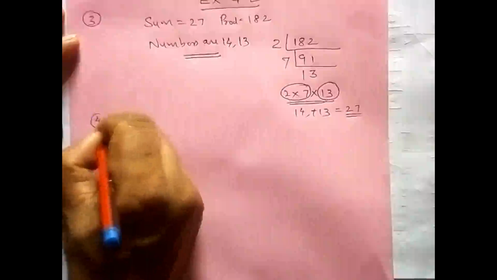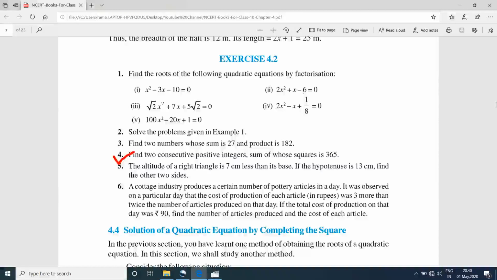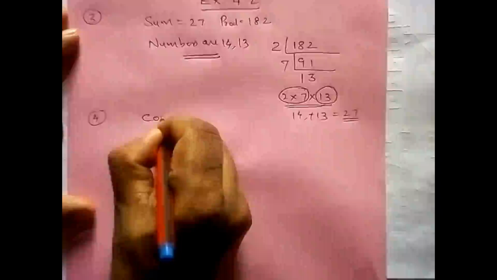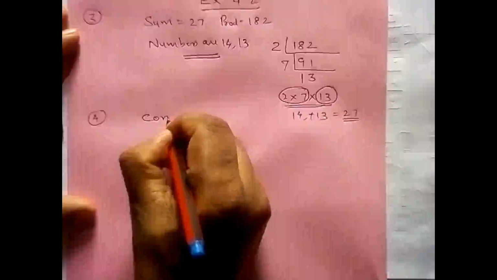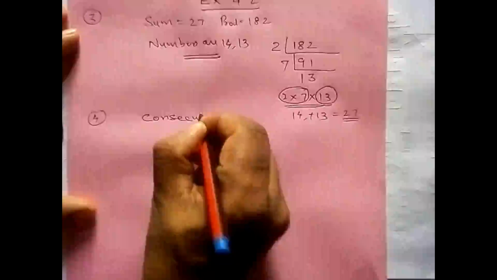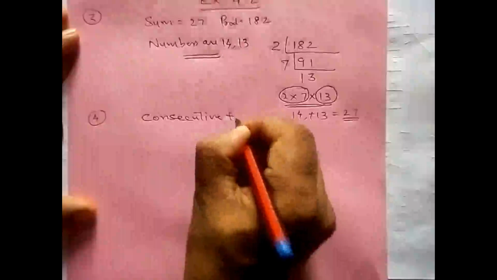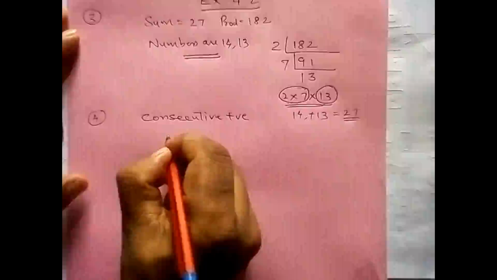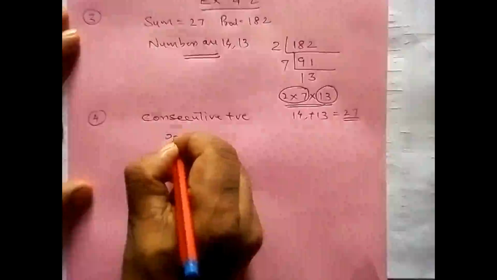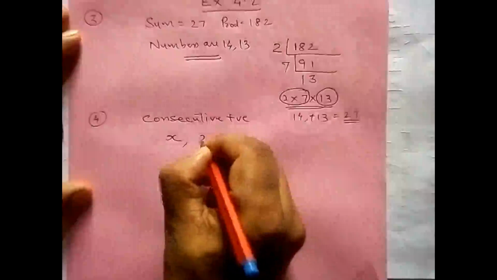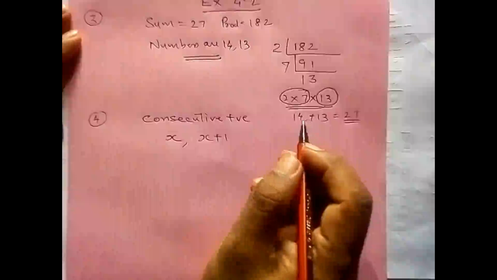Now we are moving to the fourth question. Find two consecutive positive integers, the sum of whose squares is 365. So, consecutive positive integers means if one number is x, then naturally the next number is x plus 1.